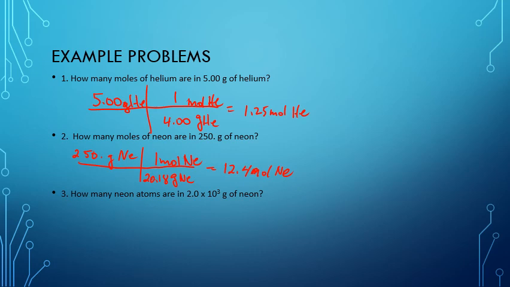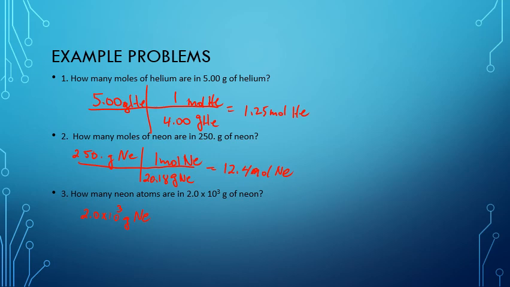And our last example, so this next one we have now to calculate how many neon atoms are present. So for this, again, we're going to now have a two-step process. I need to take it from grams to moles, just like we did in the last two problems, and then we're going to do one extra step and convert from moles into atoms. So for this, I can take 2.0 times 10 to the third grams of neon.